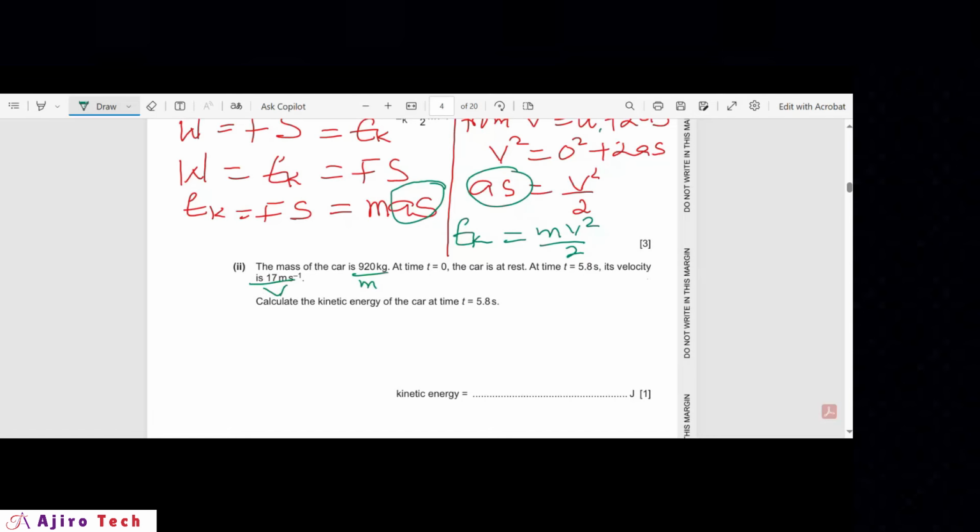So calculate the kinetic energy. Let's substitute into 1/2 mv squared. That will give us 920 multiplied by 17 squared over 2. So pressing the calculator.